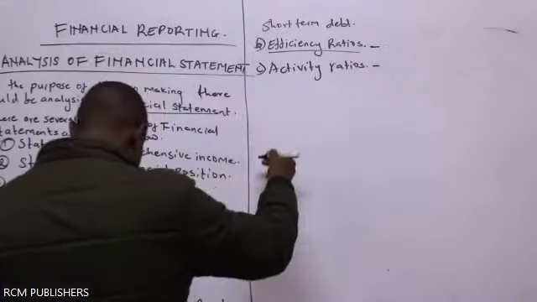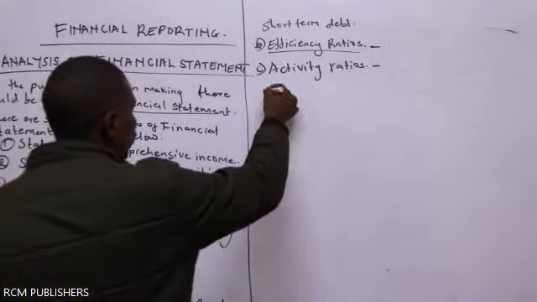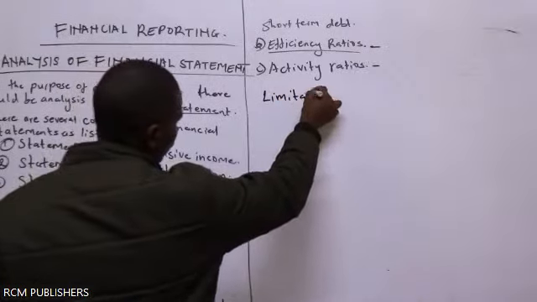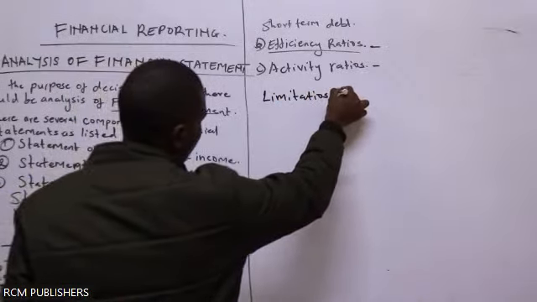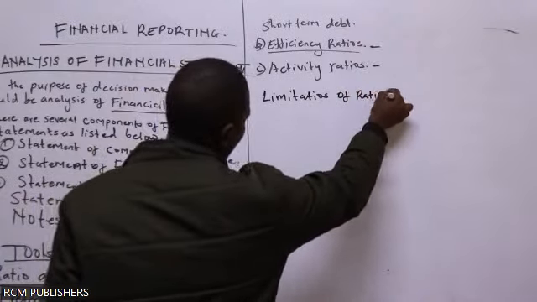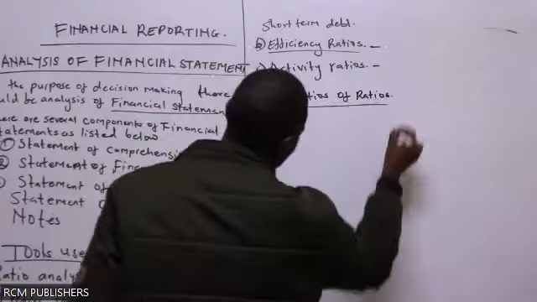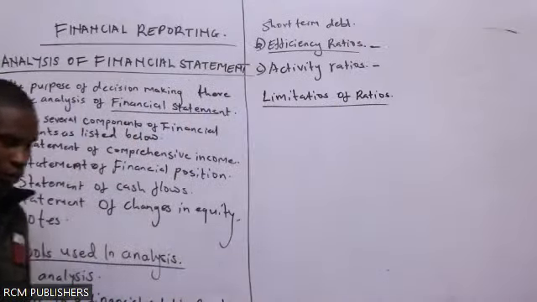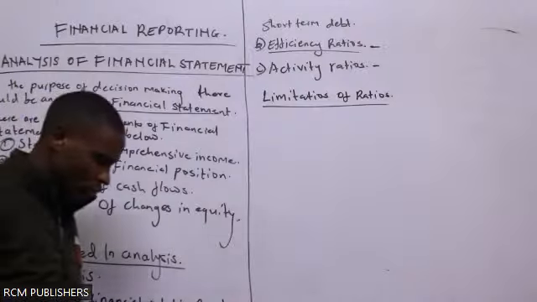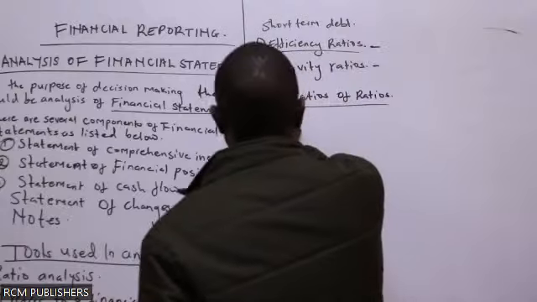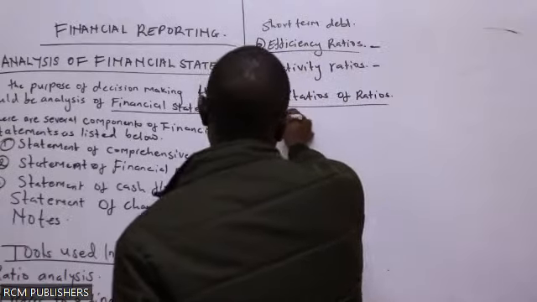What are some of the limitations of ratios? Because these ratios have limitations. So when you ask about the limitations, we can say that ratios are historical in nature.